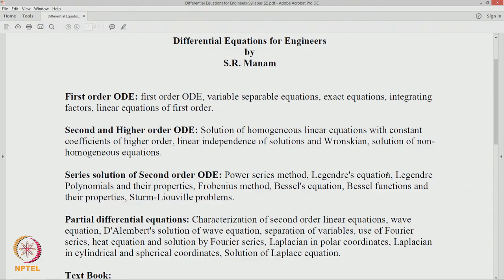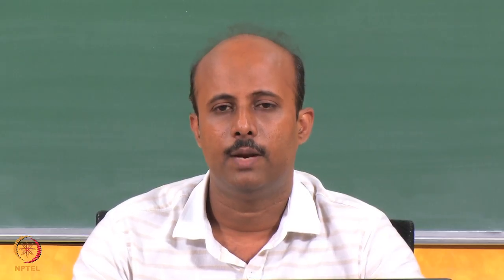Even for second order and higher order equations, not all equations can be solved in a closed form. So, for linear equations with variable coefficients, if the coefficients of the linear second order or higher order equations are functions of x, not constants, then you can expect power series solutions.